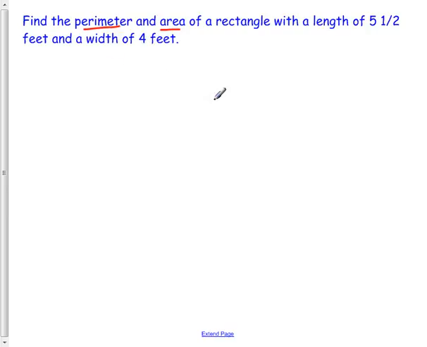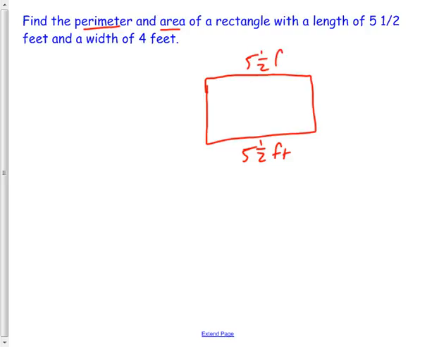If you get a question like this, what I want everyone to do is draw a picture. So everyone should have a rectangle. The length is 5.5 feet, so go ahead and put 5.5 feet there and 5.5 feet there. And the width is 4 feet, so we're going to write 4 feet and 4 feet. So to find the perimeter, just add all these up. So perimeter equals 4 plus 4 plus 5 1/2 plus 5 1/2.